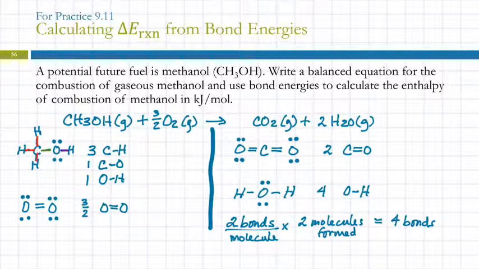But we're actually doing this in terms of moles. We had an internet or Wi-Fi glitch. So what we're really talking about here is 2 moles of bonds per mole of molecules, and we have 2 moles of molecules being formed, so we have 4 moles of bonds being formed. Okay? It's an excellent question.